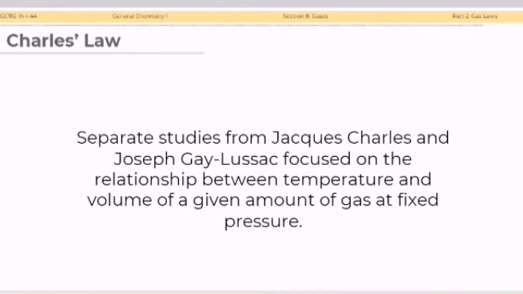The next gas law is Charles' law. Separate studies by Jacques Charles and Joseph Gay-Lussac focused on the relationship between temperature and volume of a given amount of gas at fixed pressure.